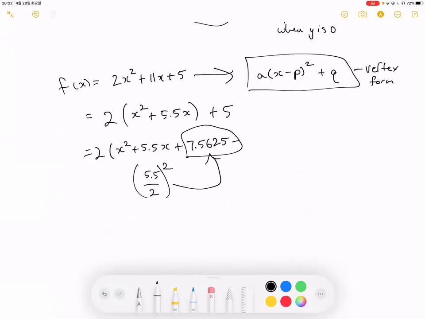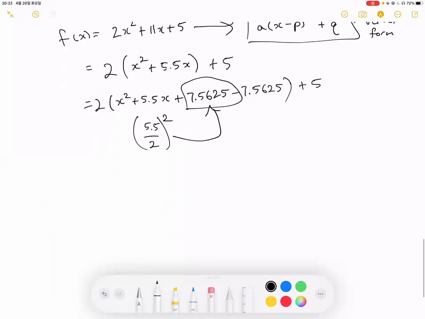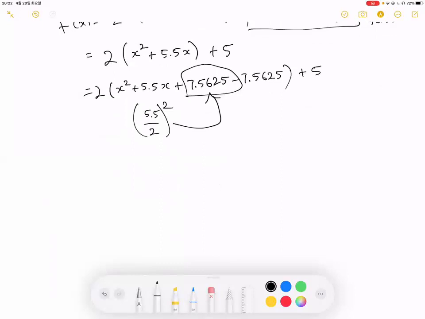This should be pretty hard if this is your first time learning quadratic equations. Remember how I said if you add something, you also have to subtract it in math, right? Close the brackets down, and then there should be a plus 5. Just plus 5 remains where it was. Okay, and you want to get this thing out of the bracket, and what you would do is multiply this by 2.